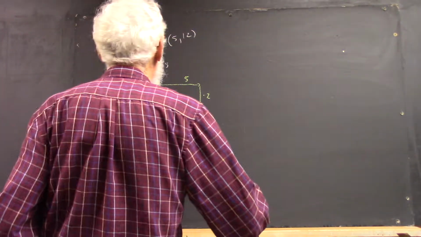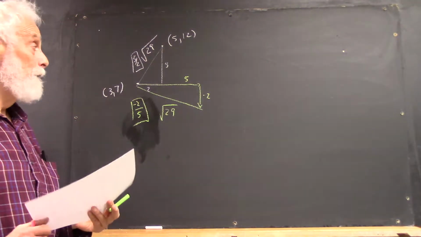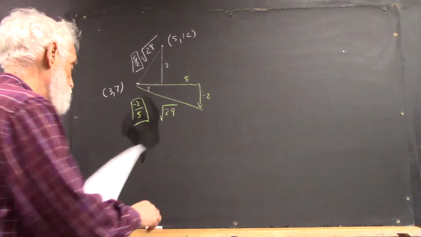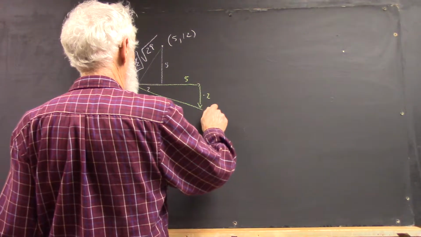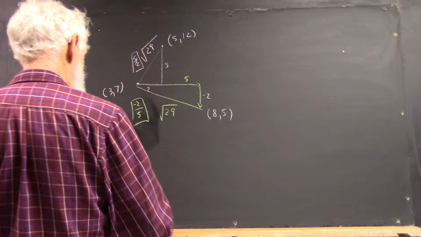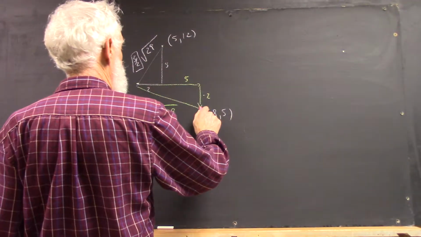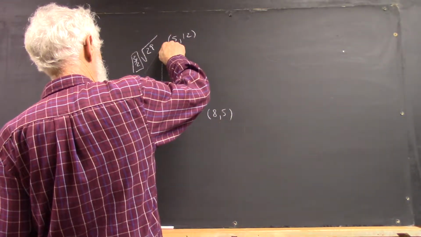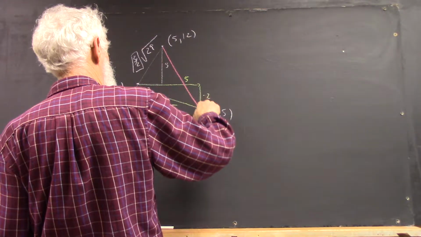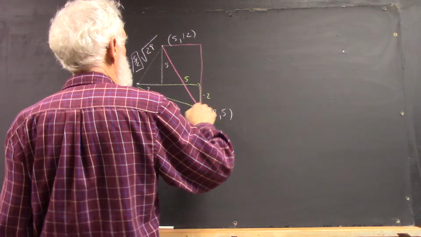Okay? Now, we have a third fundamental triangle between labeled points, okay? Of course, I haven't labeled this point, so maybe I'd better. This point is going to be (8, 5), right? So now, we're going to do a fundamental triangle between these two labeled points. So I'm going to do it like this, okay?